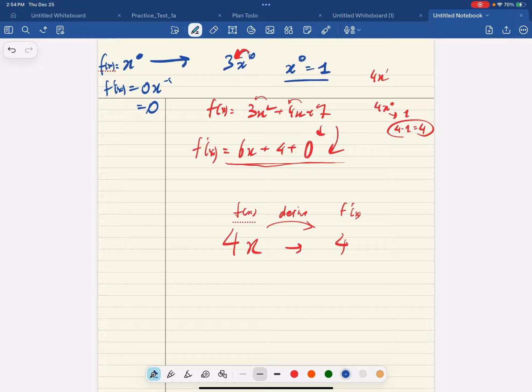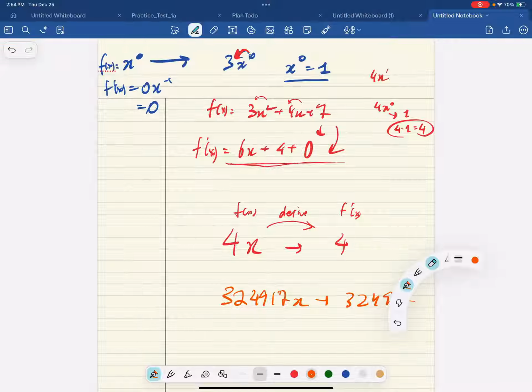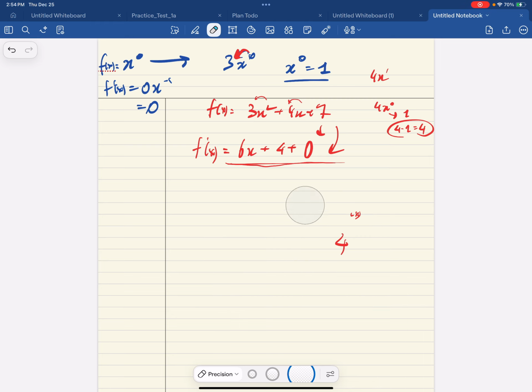And that applies for anything. It could be 32x, 49x, 17x; it turns just into 32, 49, 17. And that's also applying the power rule, although it looks a bit different, it's the same thing. If it's to the 1, you bring the 1 to the front, subtract 1, and it becomes x to the 0.